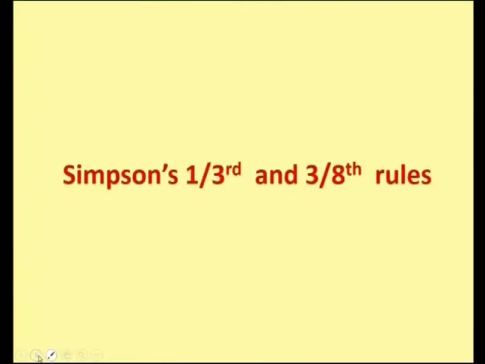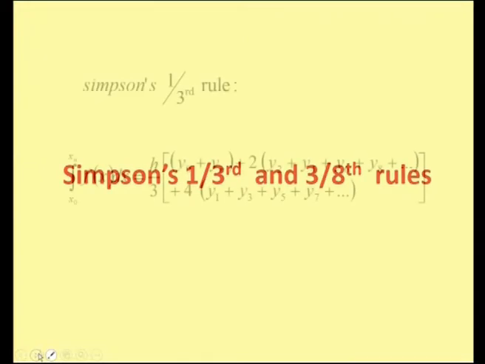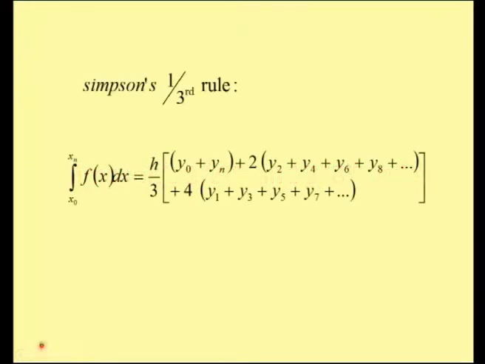Next, Simpson's 1/3 and 3/8 rules. First of all, Simpson's 1/3 rule is given by the formula: the integral from x naught to xn of f of x dx is equal to h divided by 3. This h divided by 3 signifies that this is Simpson's 1/3 rule.